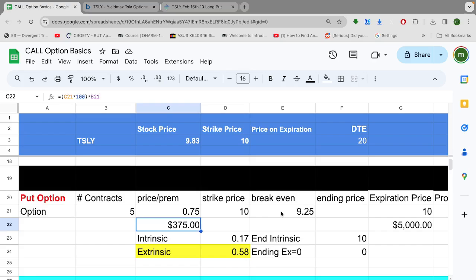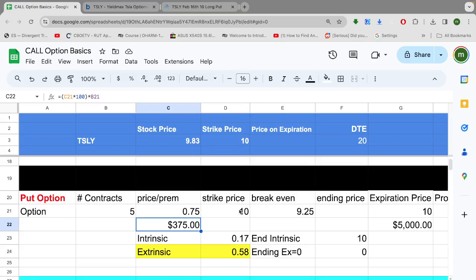And if you're buying a call, it's the opposite: the strike price plus the premium equals the break even. But in any event, what this contract is saying is, hey, we aren't even going to start to make money unless this thing gets under $9.25, and it's $9.83 right now. So it's going to have to drop a pretty far way to be profitable.